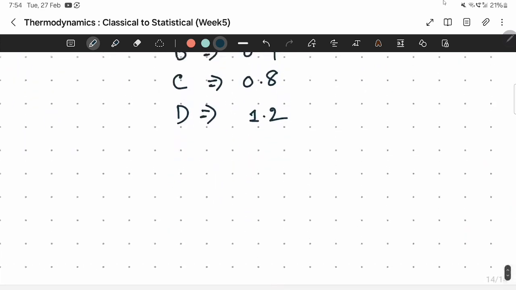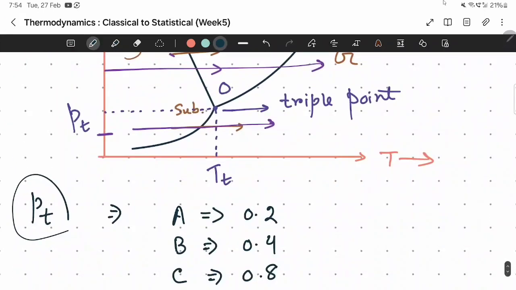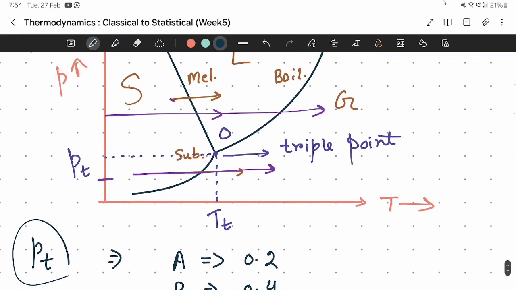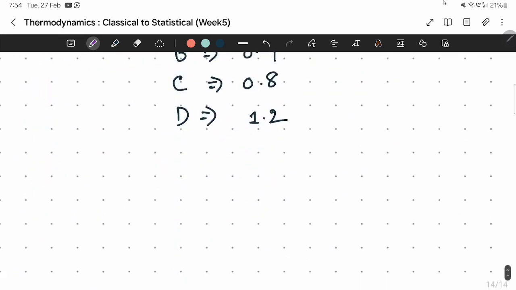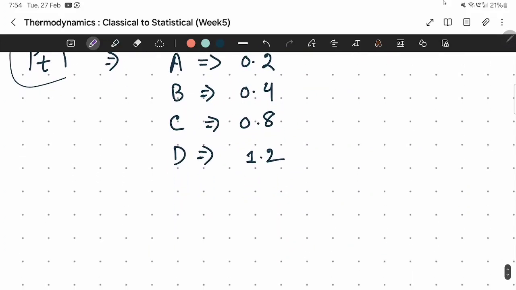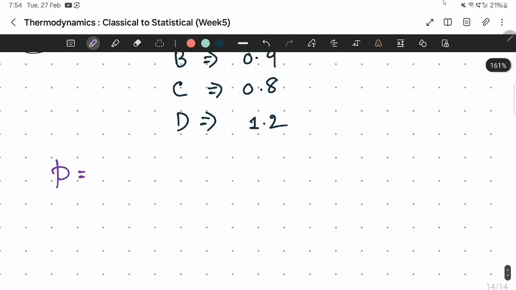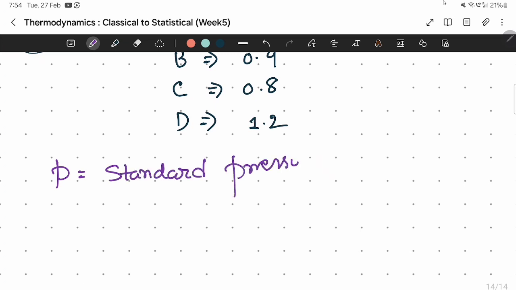So essentially from this phase diagram, we can conclude directly that if any pressure P is greater than PT, it will not sublime. If it is less than PT, then it will sublime. Correct? Now PT is given, and P is basically our standard pressure. They have asked, that is 1 atm.